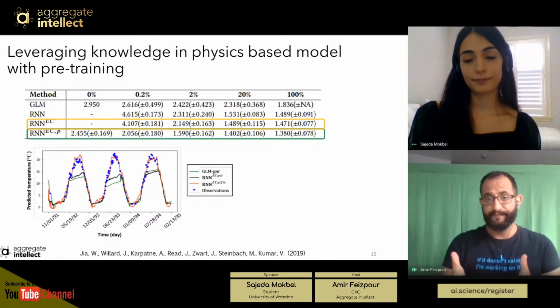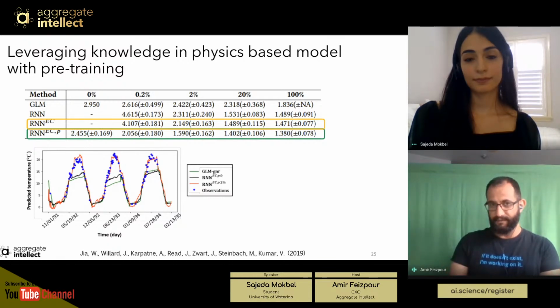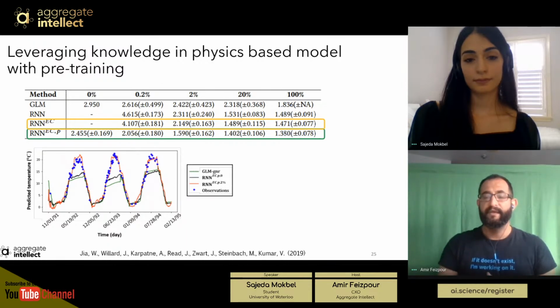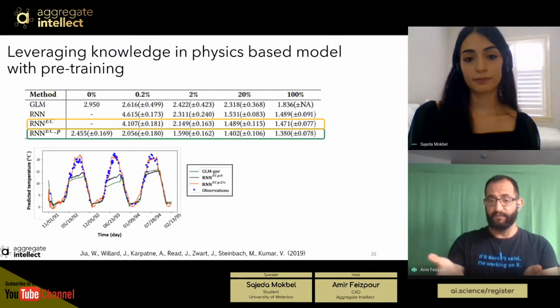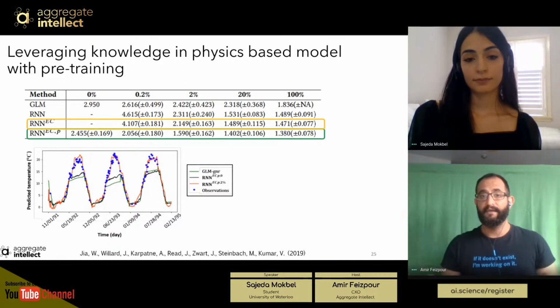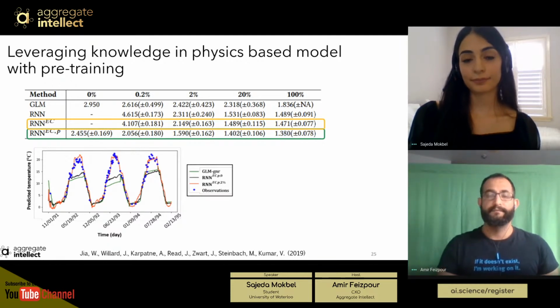But in this case, using the physical simulation that is not really data-driven, it's just a physics simulation, doesn't need labels, helps you initialize the parameters of your model more effectively, and therefore you converge to a better result much faster with less data. Exactly. Very interesting.